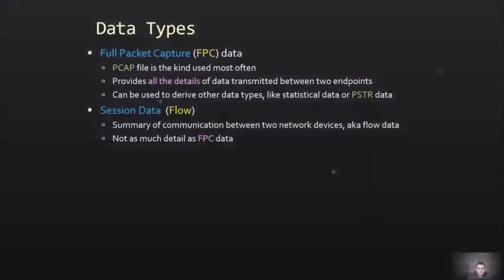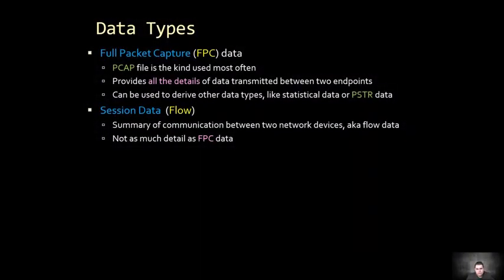For the data types, usually it's all categorized by the size of the data that you try to capture using your network monitoring tool. Regardless if it's IDS or IPS, they all will have the same characteristics from the point of view of the data size. One of the biggest data sizes that can be used is the full packet capture, or the FPC.